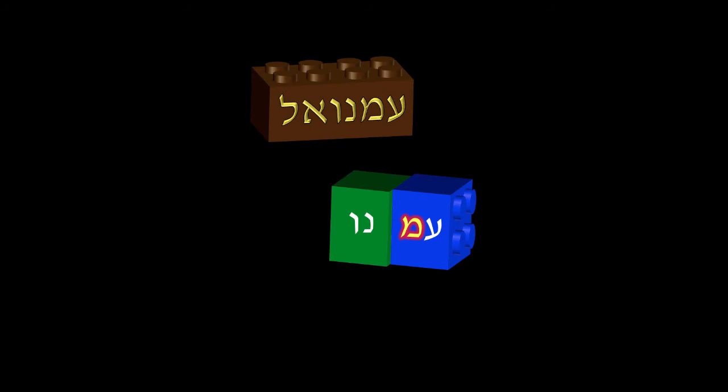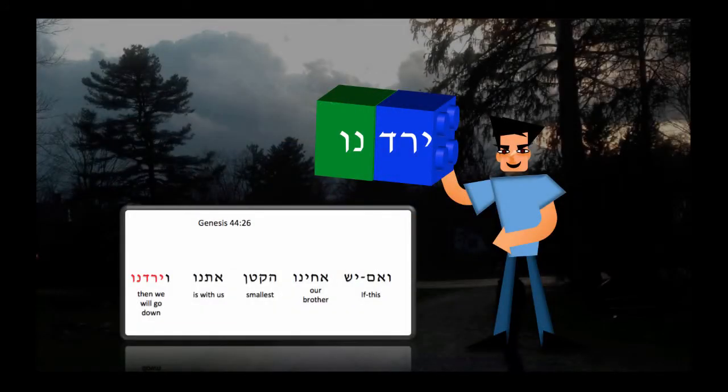And when it does, notice how Miriam's letter has to change because it's no longer the end letter, and so it's not a box anymore. So you want to make sure you change that. And you also learned that you can add this to Jared's name and his verb, and you were able to pick that out in Genesis 44:26, which was quite good.